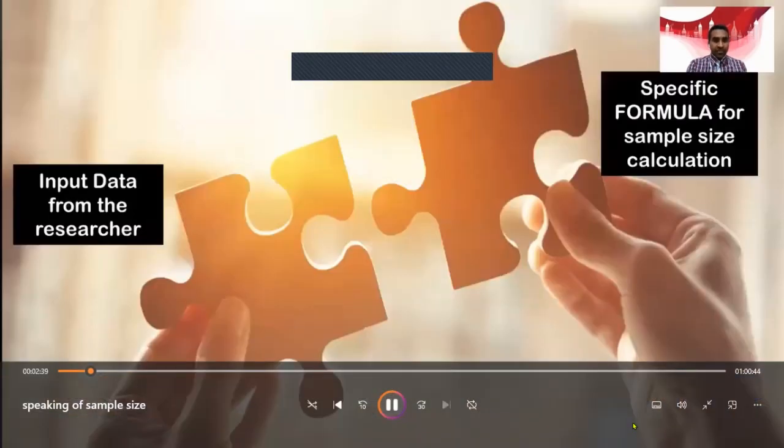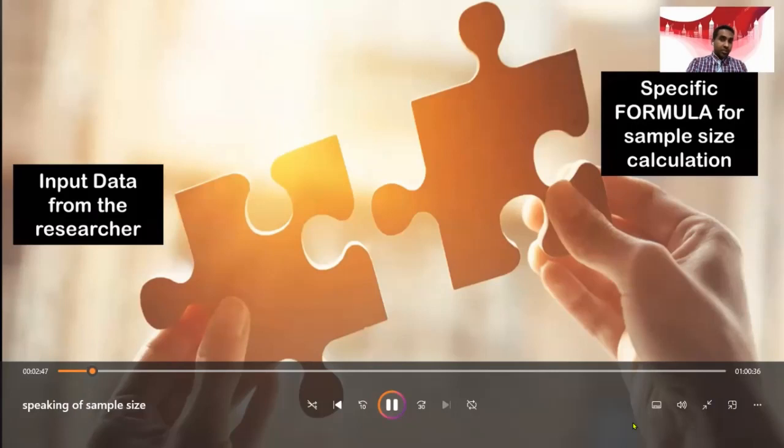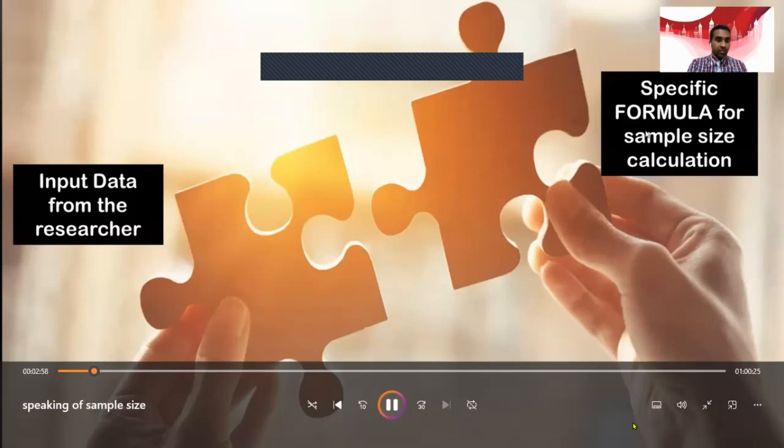Similarly, you have to give proper input data to the biostatistician. So the researcher has to give the input data. With this input data, your biostatistician will choose the appropriate statistical test and the formula involved in the sample size calculation. So throughout this presentation, we are going to deal only with this: what are the input data you are supposed to give for different study designs?